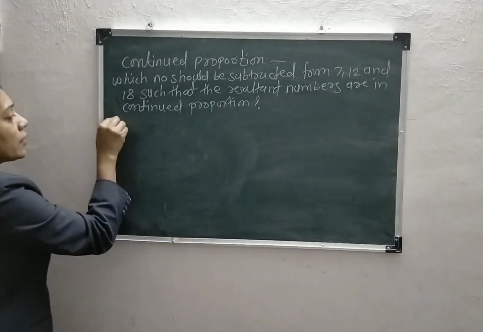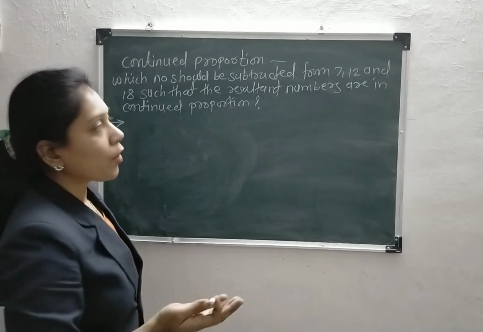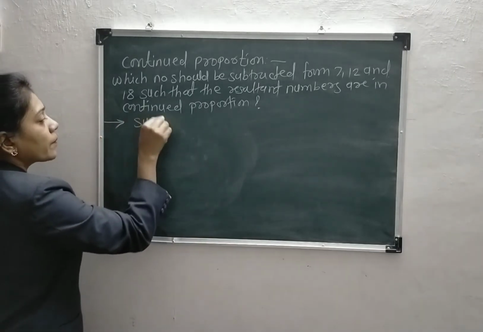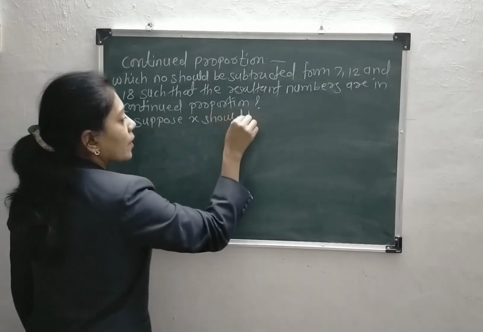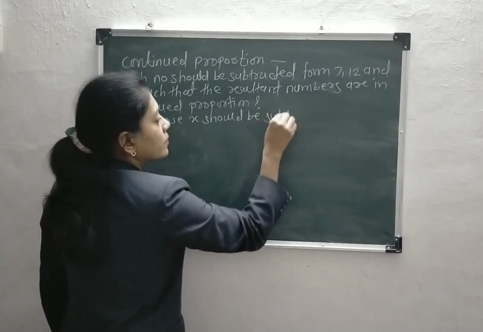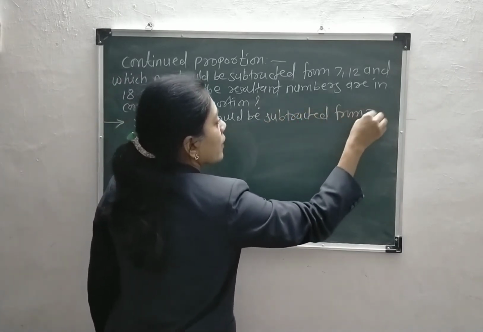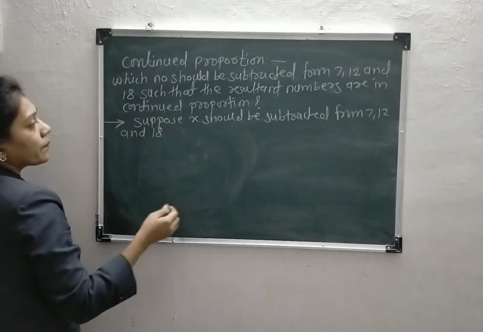So we suppose x should be subtracted from 7, 12 and 18.